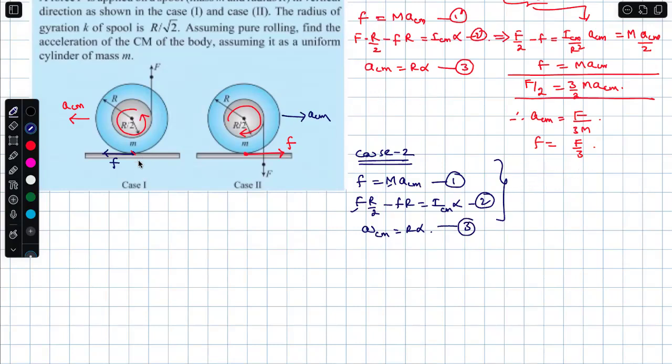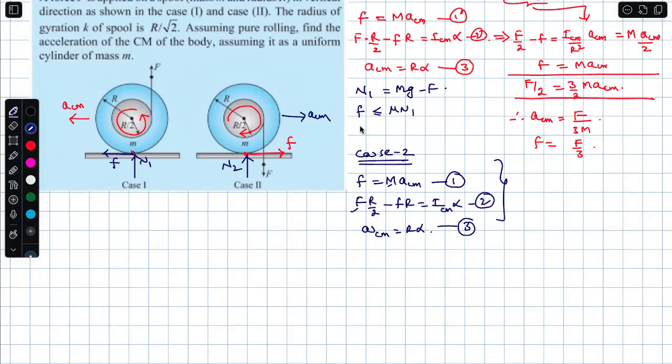In this case, N1 stands for normal reaction, N2 stands for normal reaction. N1 is mg minus F. F must be less than or equal to mu N1.